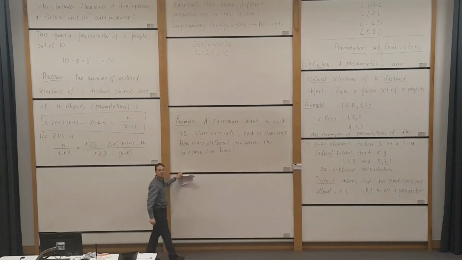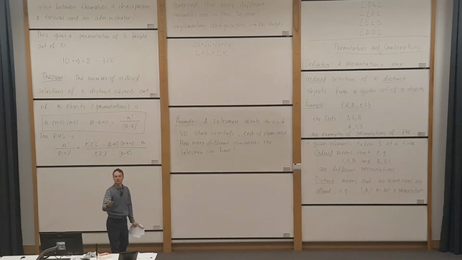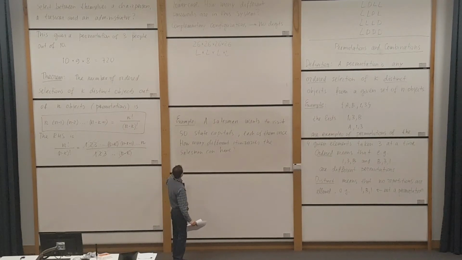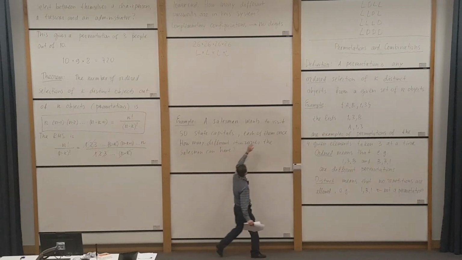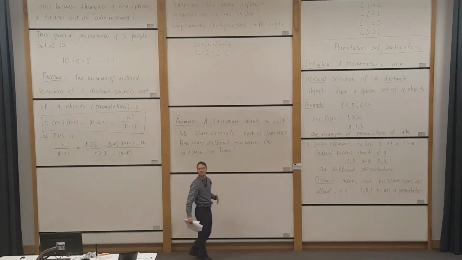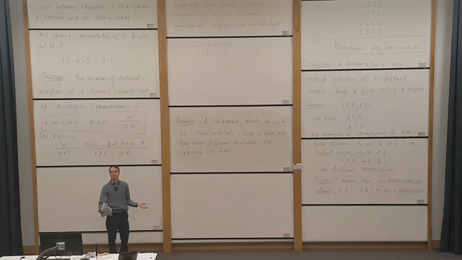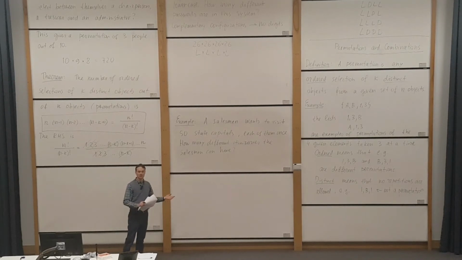Well, so what is an itinerary? It's a list of cities. This city is visited first, then another city visited second, third city third, and so on. And since he wants to visit each city precisely once, in this list there won't be any repetitions. And the order matters, because we consider it to be a different travel itinerary if the cities are visited in a different order. You know, flights will be different, and so on.